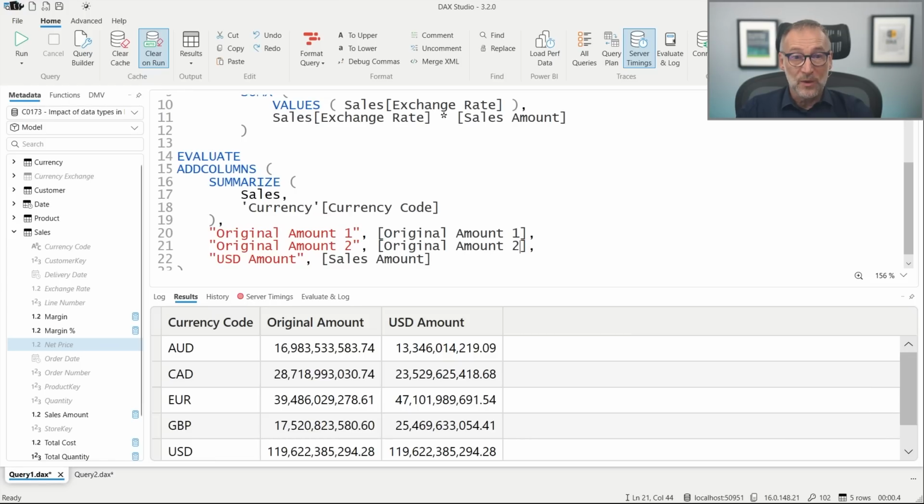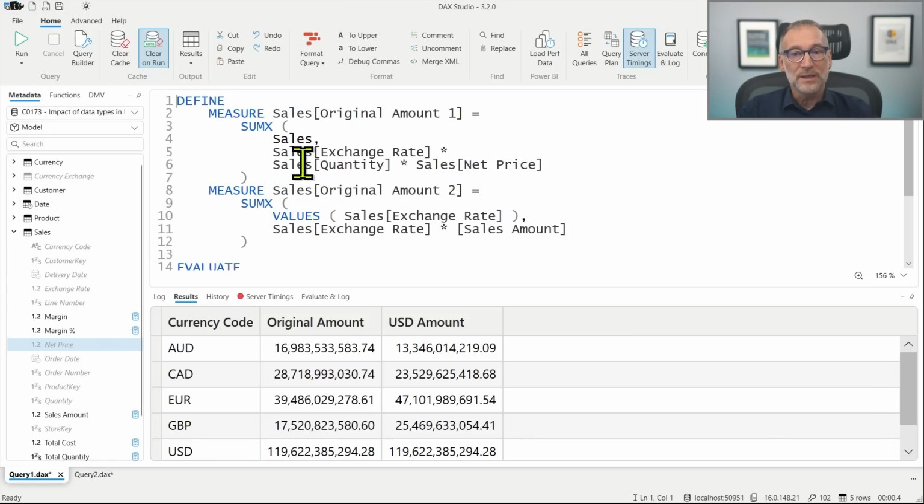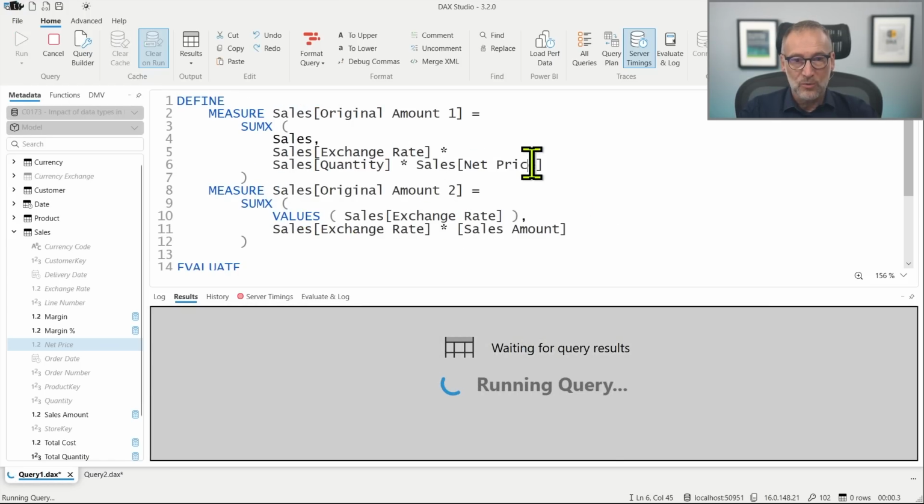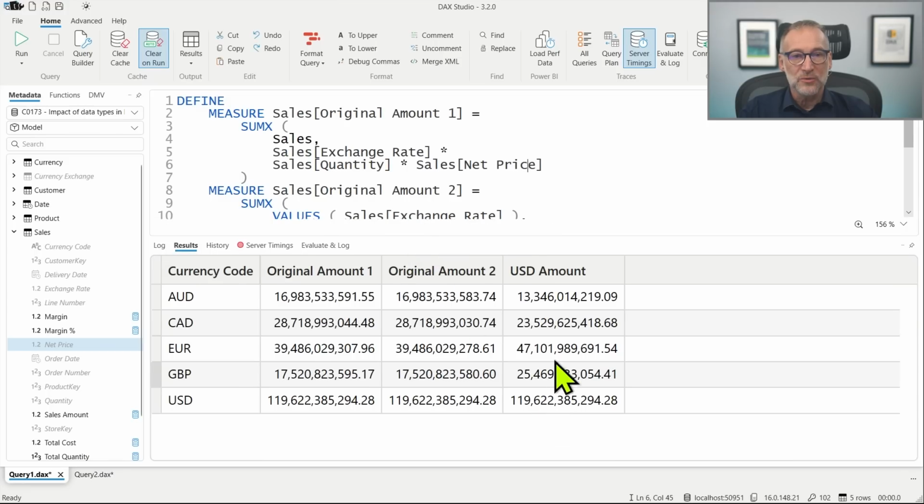One is the first one we wrote, and the second is the one that iterates over exchange rate. Execute the code, and now we have the two values.